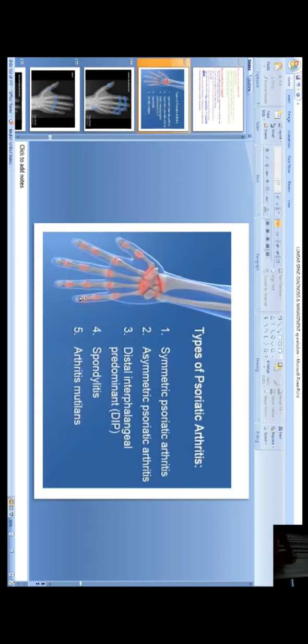Types of psoriatic arthritis: symmetric psoriatic arthritis, happening on both limbs; asymmetric, only on a single limb; distal, DIP joint, distal interphalangeal predominant, that is another type; and spondylitis, which affects the spine. This comes under seronegative spondyloarthropathy.